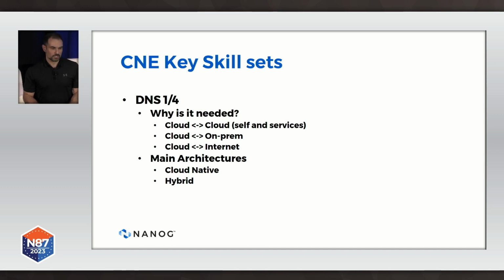There are two general strategies and architectures that CNEs work with every day. Either you have everything in your cloud footprint, supporting everything in terms of DNS and systems, and that's where you're doing your name resolution. In other cases, you might have hybrid models, where you want name resolution between your on-premises, traditional data centers, and the cloud.